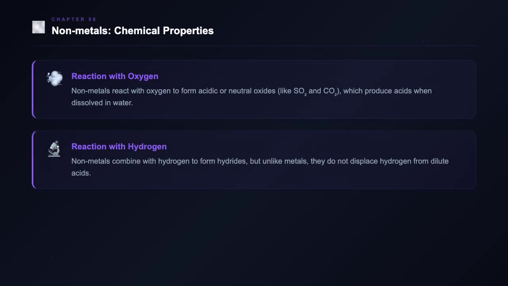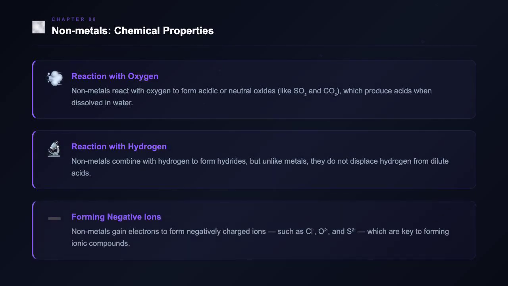Nonmetals have three main types of chemical behavior. They react with oxygen to form acidic or neutral oxides, such as SO2, CO2, and NO2. These oxides produce acids when dissolved in water. For example, SO2 reacts with water to form sulfurous acid. Nonmetals also react with hydrogen to create hydrides, but they don't displace hydrogen from dilute acids.